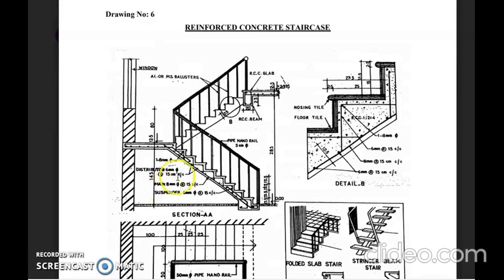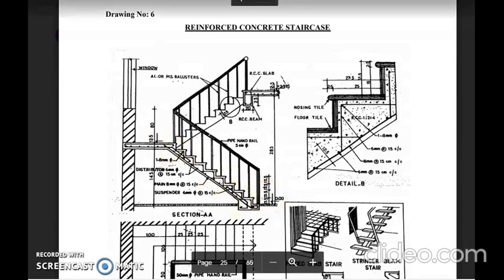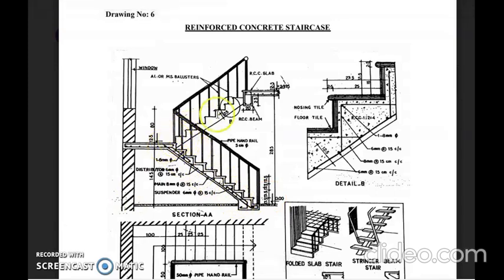And flight means a continuous series of steps arranged in one direction. Here we can see a series of steps arranged in one direction, and this can be indicated as one flight, and the other series of steps arranged in the next direction can be taken as another flight. In between these two flights, a landing is provided.